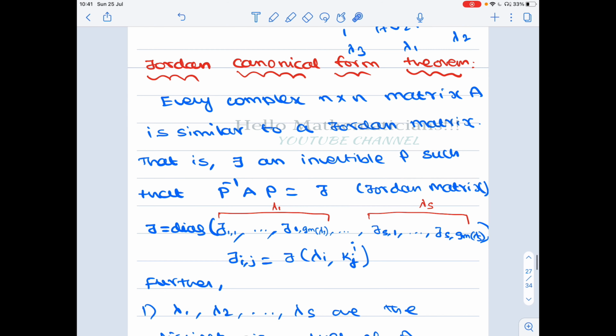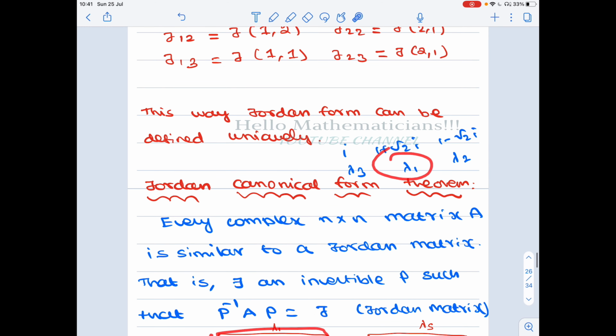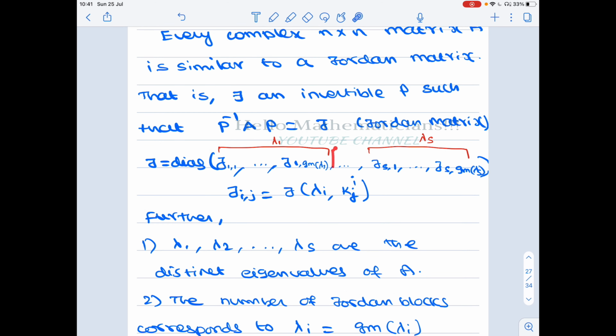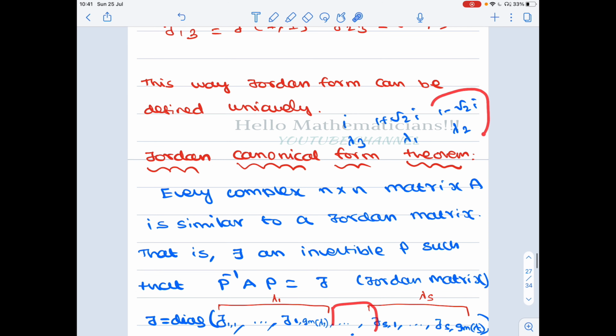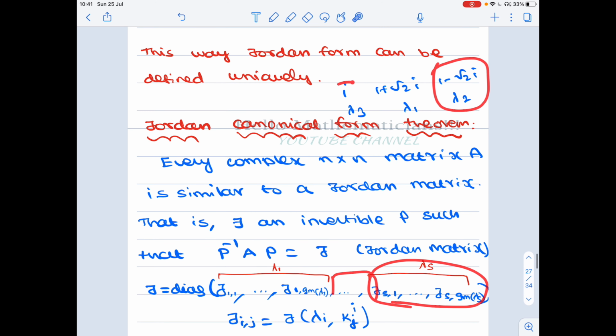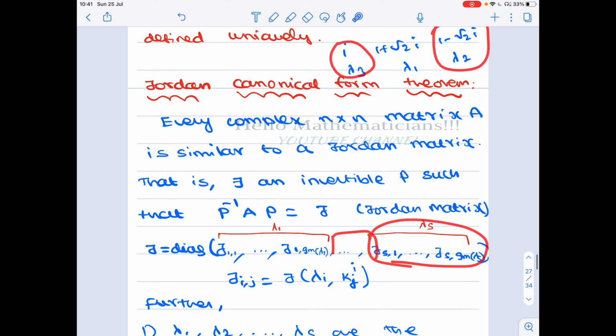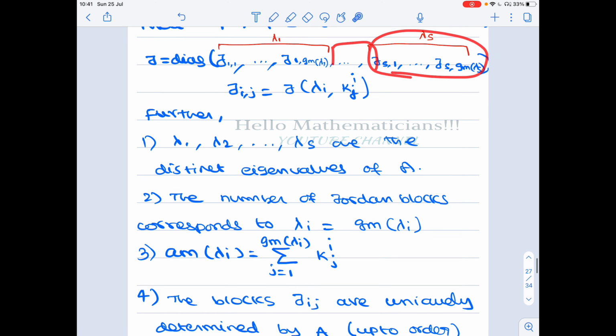Then the first few blocks correspond to the first eigenvalue, the next blocks correspond to the second eigenvalue, and finally the last set of blocks correspond to the third eigenvalue, and the sizes of the blocks are decreasing. Okay, that is very important.